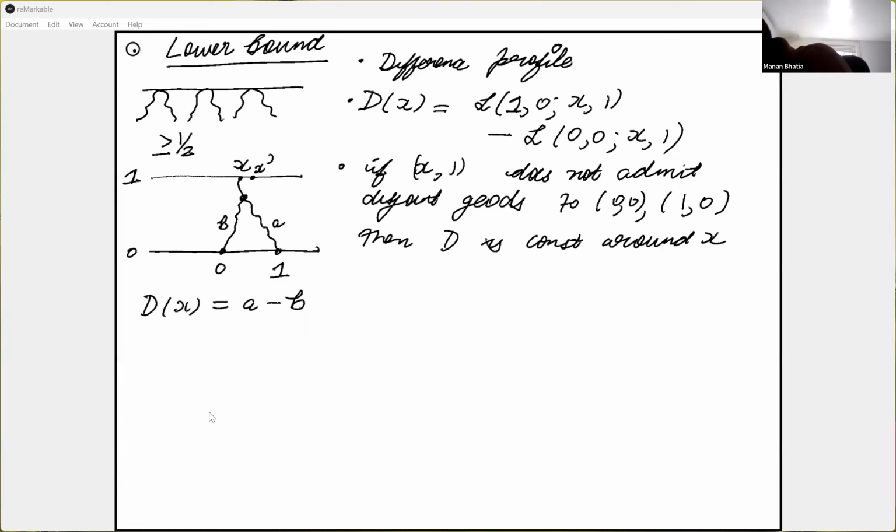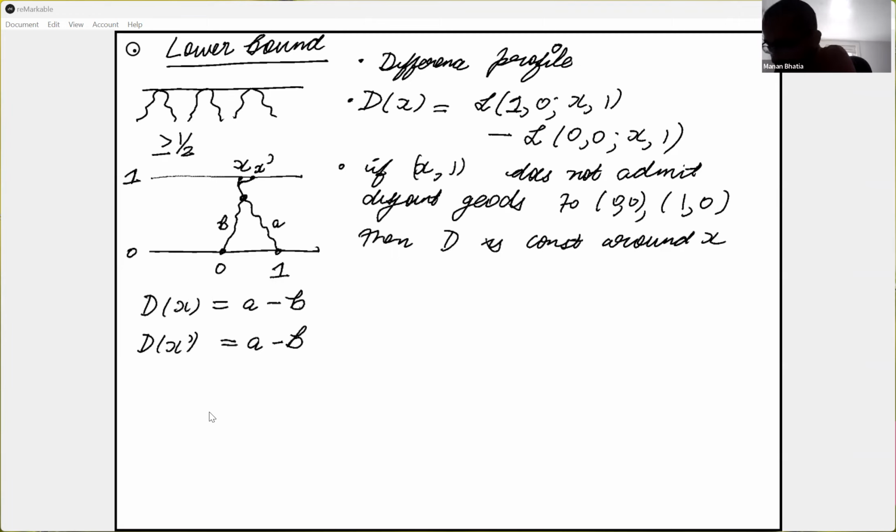I drew the geodesic from it to 0 and to 1. So what will happen by coalescence is that it will merge, right? And then I compute d of x prime. Again, the common parts cancel out, so it's again A minus B. This is the reasoning behind this, and that's why you expect it to be locally constant around x.